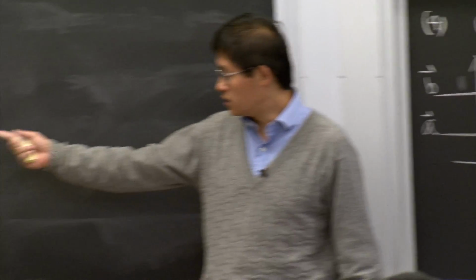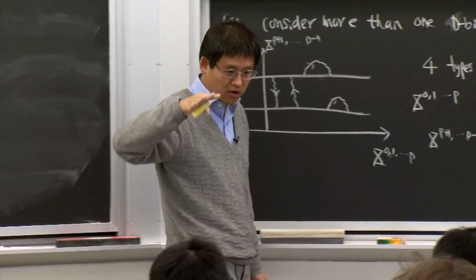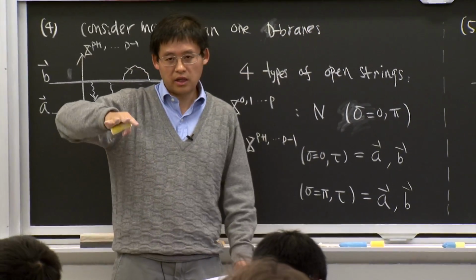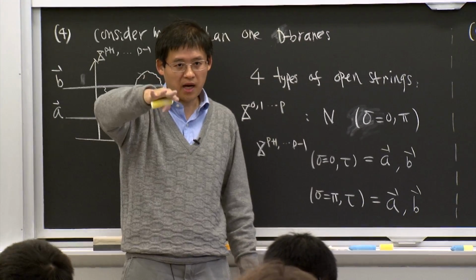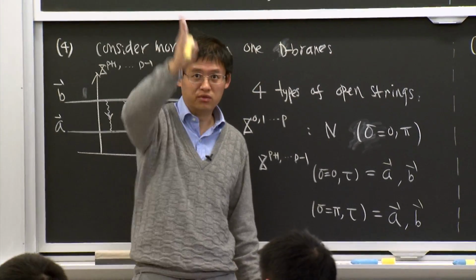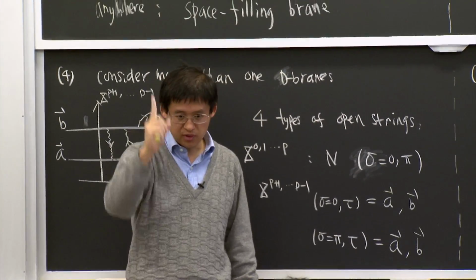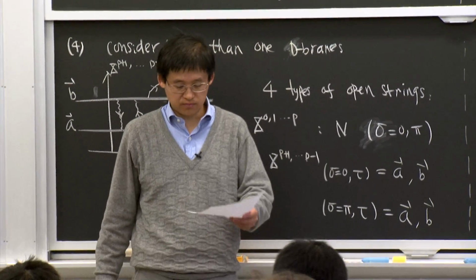So since the string can only move along the Dp-brane, they can only correspond to the fields or particles within the Dp-brane. They cannot move in the opposite direction. They cannot move in the perpendicular direction.